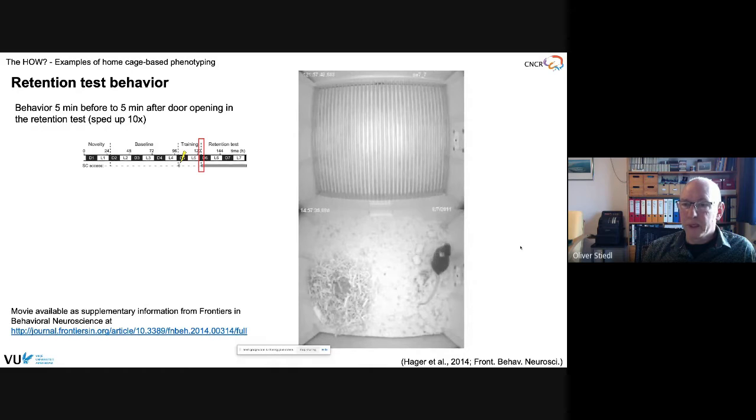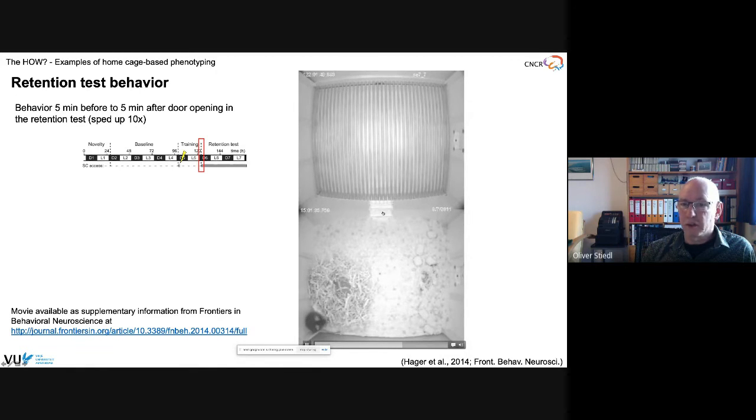It is grooming. There is food on the bottom. There is a nest. And the animals do not show any sign of hectic moves, risk assessment whatsoever. And the animal does not mind to be close to the door. Now the door opens and you see the animal moves far away.